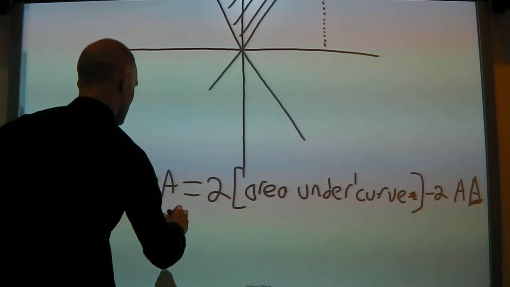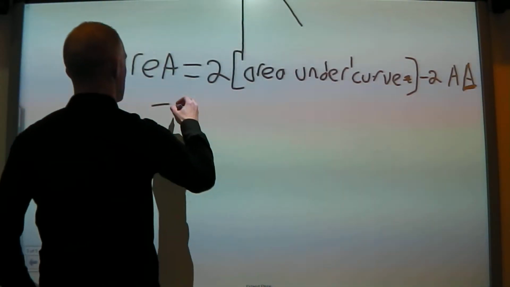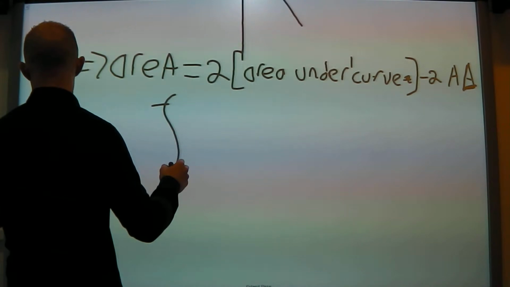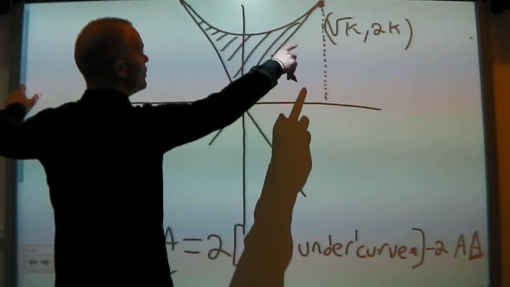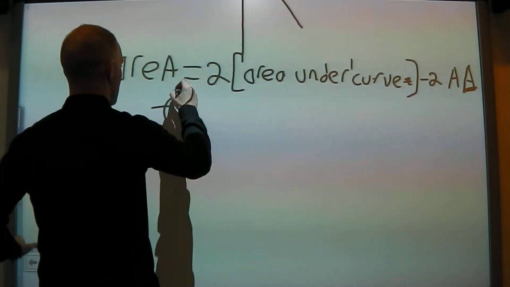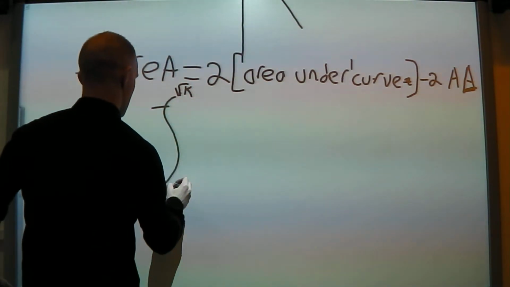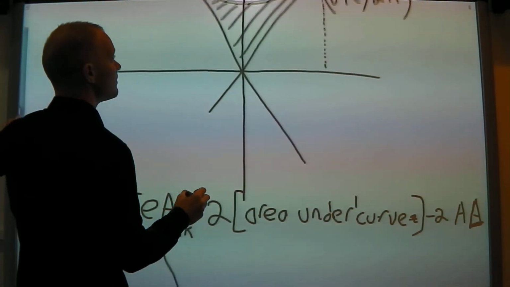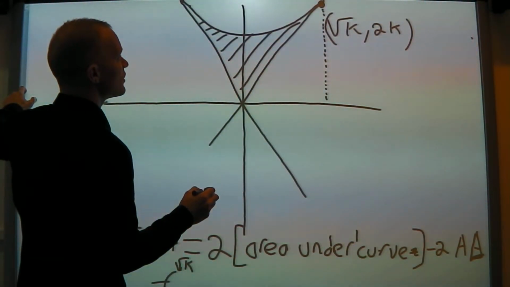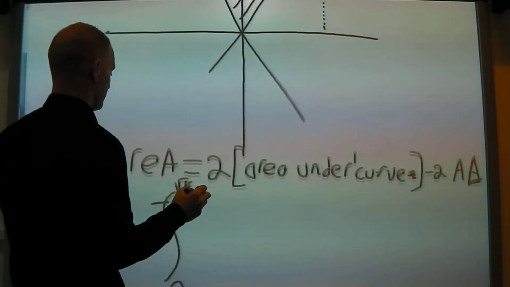So the area under the curve is equal to the integral from root k to 0 of our function, x squared plus k.